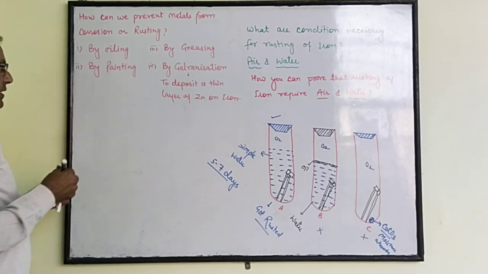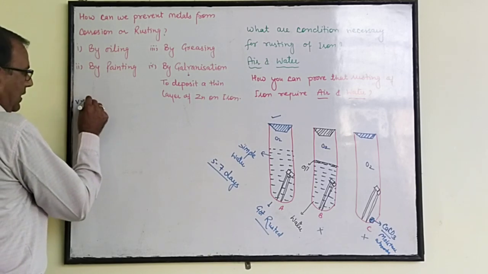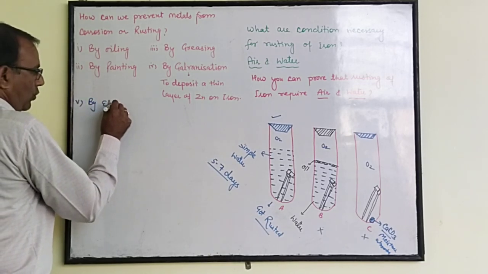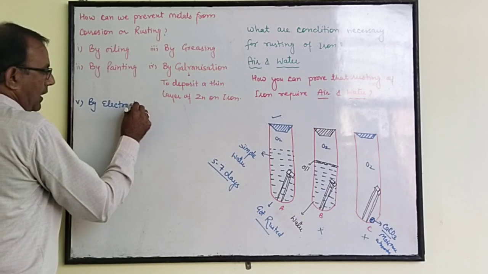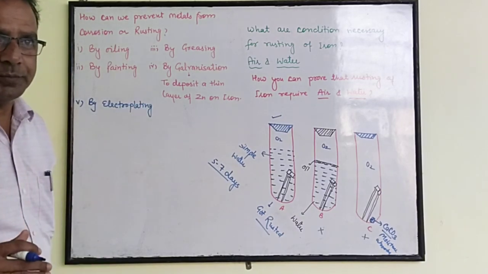And the next process is electroplating. Electro means with the help of electricity, and plating means a layer deposited on it.